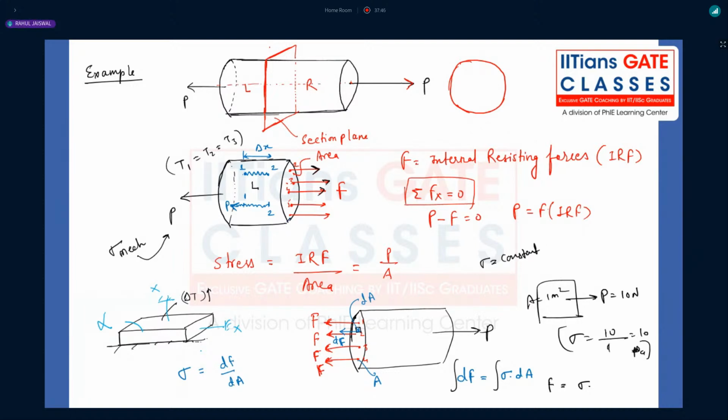I told you each and every particle will develop an equal amount of force, and when you divide by area, each and every particle will develop an equal amount of stress, right? Something like this. When you draw the distribution, it will be like this.